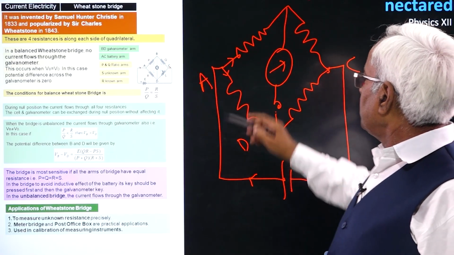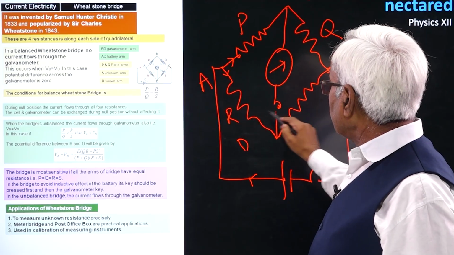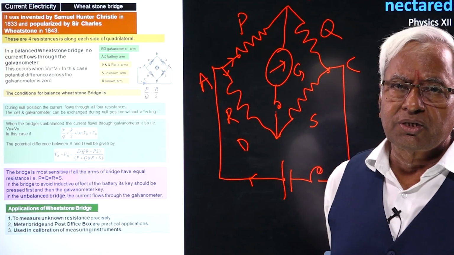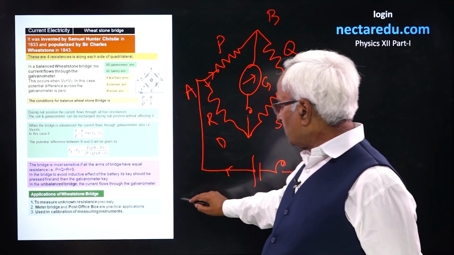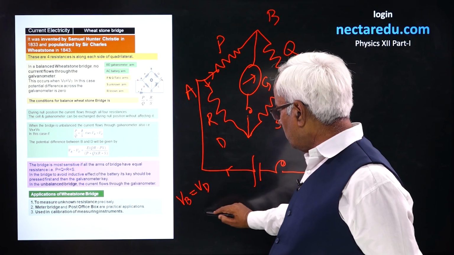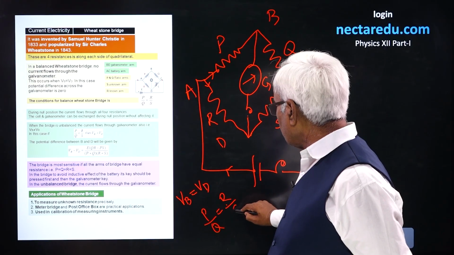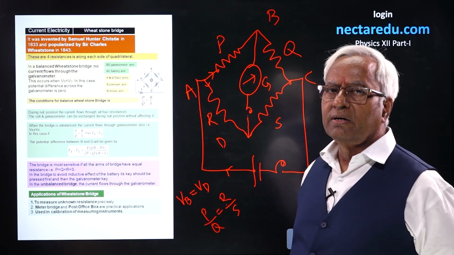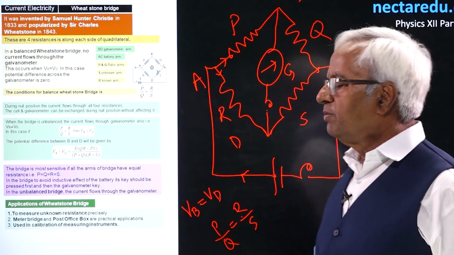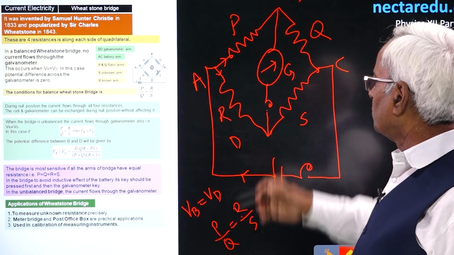You see, when the bridge is balanced, in that case the galvanometer will show null deflection, and that confirms that in that case potential of B and D both are equal. This is possible only when P upon Q is equal to R upon S. When the bridge is not balanced, obviously the galvanometer will give some deflection and current will pass through this also.